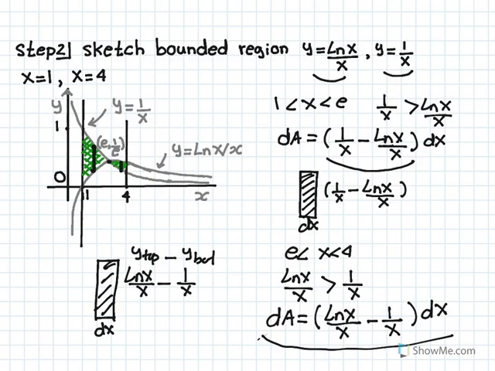You can clearly see that 1 over x is larger than log x over x when x is between 1 and e. To the right of the intersection point, log x over x is the top function and 1 over x is the bottom function. So we have to describe the two regions separately, and set up two separate definite integrals to describe the area of the region.